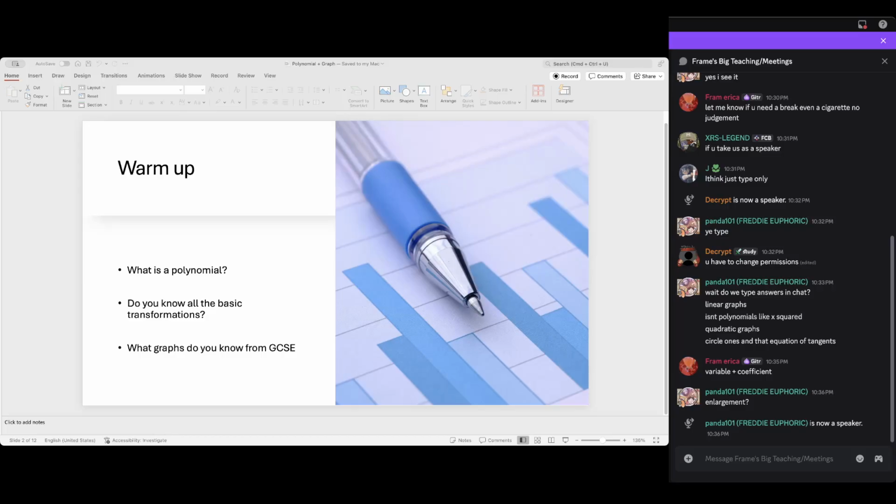There's four of them, isn't there? Enlargement, rotation. Oh, that counts. Don't know the other two. The other two are the reflection and the translation.